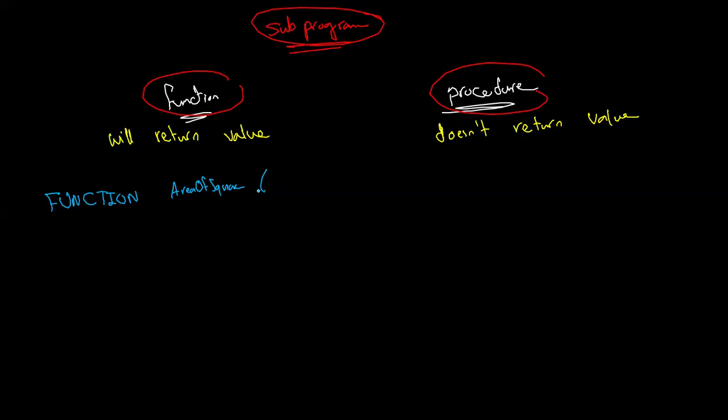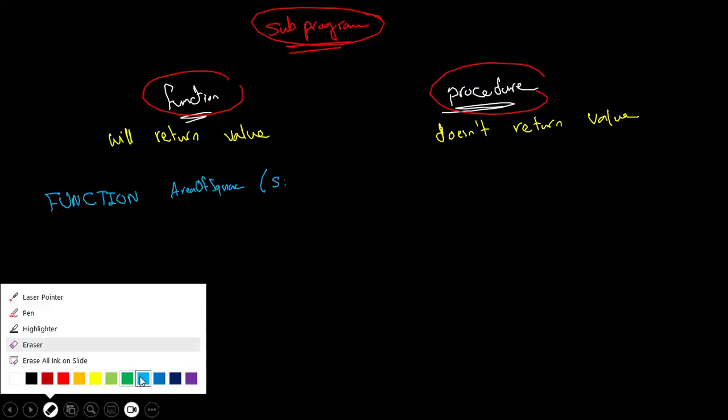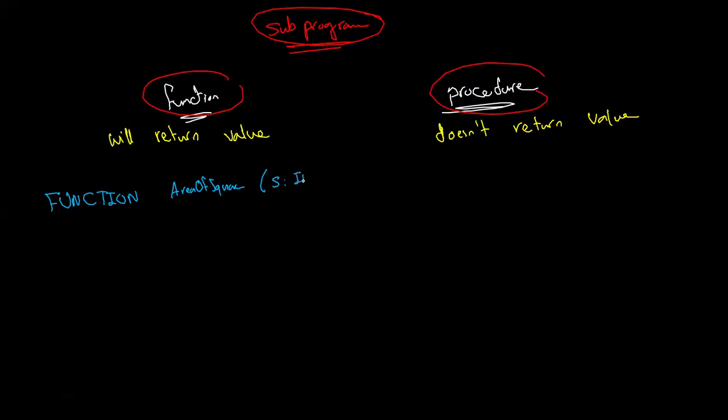For example, let's use a side and it is INTEGER. Let's write the data type in capital letters, as in pseudocode we have to write the keywords in capital letters. And then you will mention what it will return. It will return INTEGER.